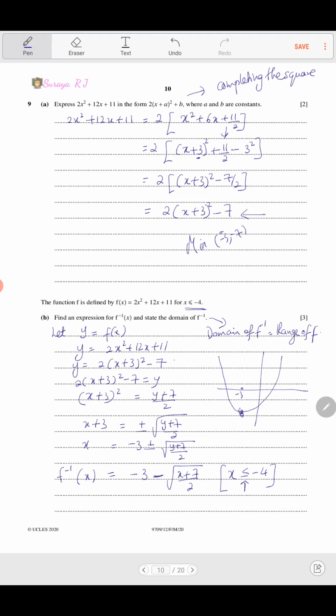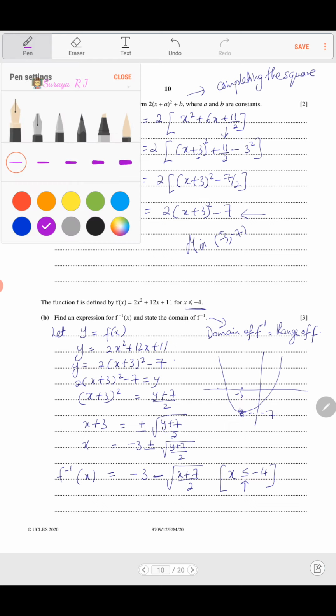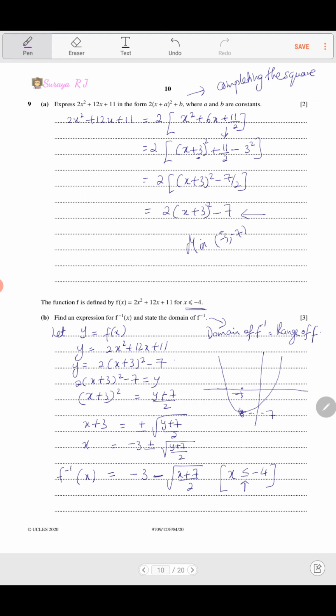But here the domain is x less or equal to minus 4. This is minus 7. So we have to consider only part of the parabola from minus 4. So this part only, the part in purple, and we have to find the corresponding y value.